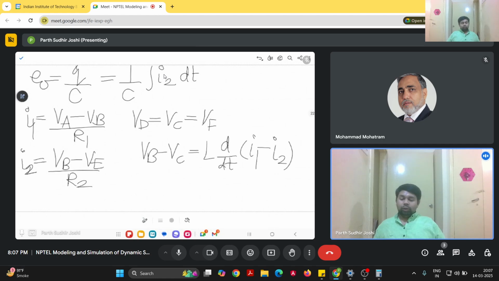So using these equations, we can now substitute the expressions for I1 and I2, and then simplify the equations further to get again the equation of motion in terms of the given variables.